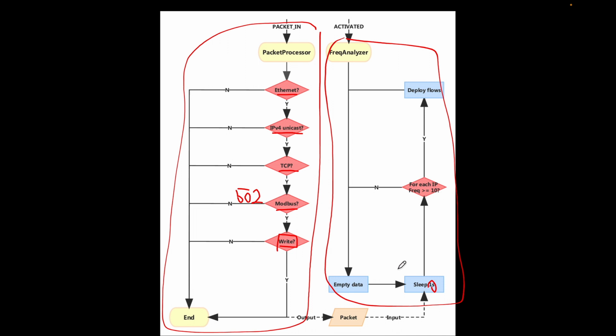For each IP in this bunch of packets, we'll analyze if it has sent more than 10 Modbus write packets to the OpenPLC. If the number is more than 10, then we deploy some defense flows to block the IP. If not, we will not deploy any flows. After this judgment, we will empty the data in the concurrent hash map for the next loop to decide.